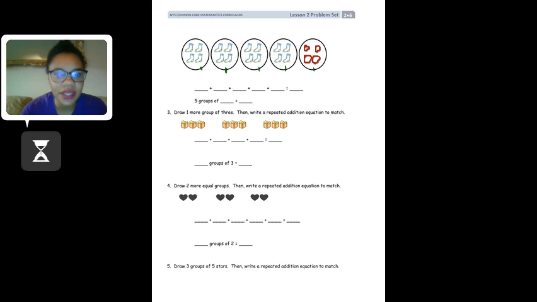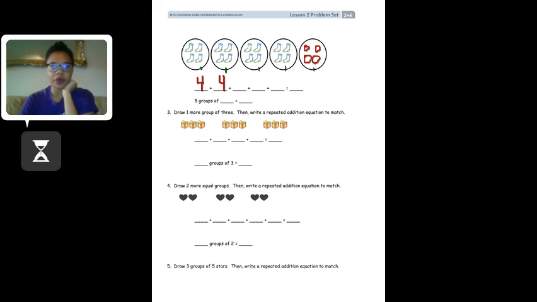So I'm going to go right beneath it and grab my red pencil and write the number 4 to represent those 4 socks that are in that first group. And then I'm going to go to the next blank and I see that there's 1, 2, 3, 4 socks. So I'm going to draw the 4 beneath it. And now I have 4 socks at the bottom.